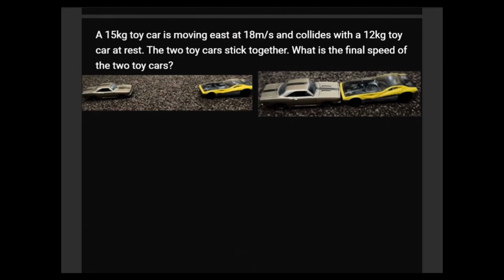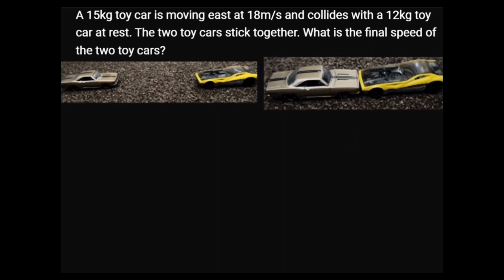For this example, a 15 kilogram toy car is moving east at 18 miles per second and collides with a 12 kilogram toy car at rest. The toy cars stick together. So basically, after their collision, they are stuck together. What is the final speed of the two toy cars?